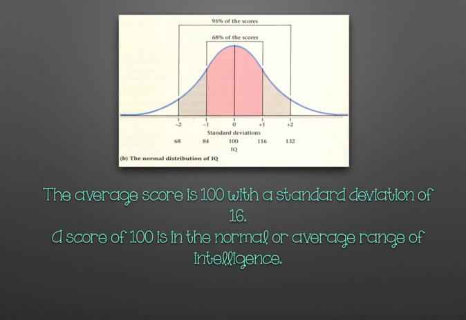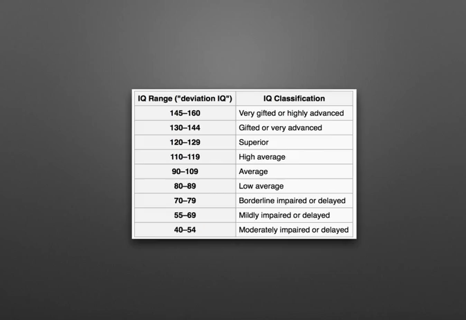The average score on the test is going to be 100 with a standard deviation of 16, so plus or minus 16. A score of 100 is in the normal or average range of intelligence. And then here you can see the IQ classification.